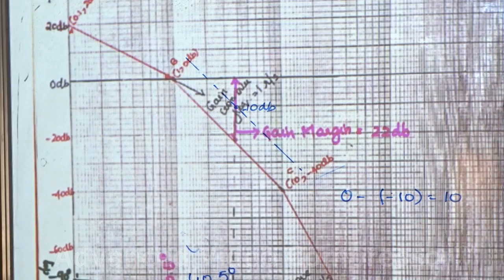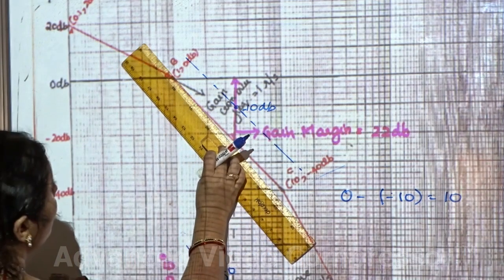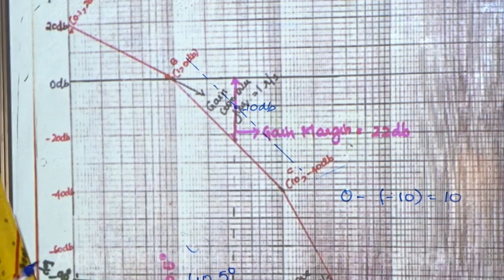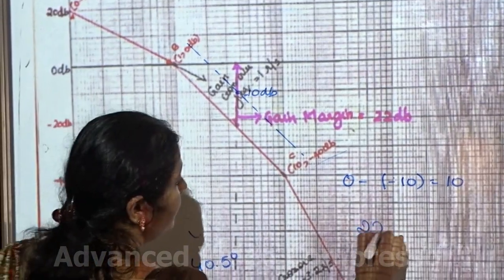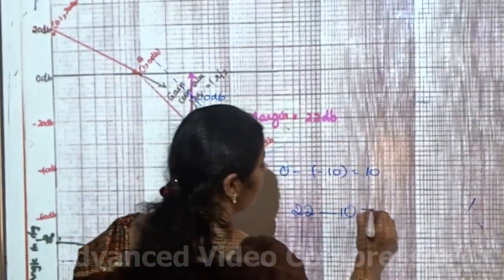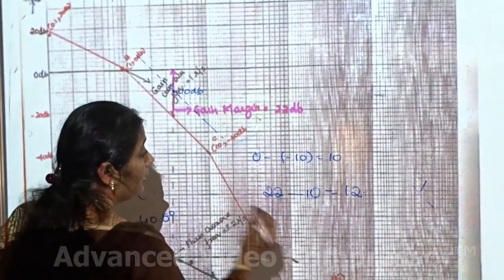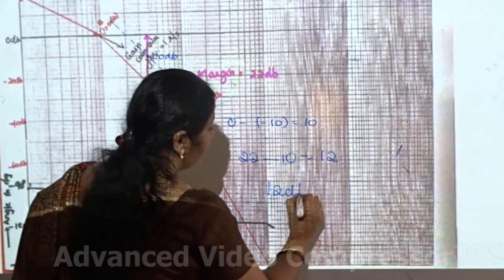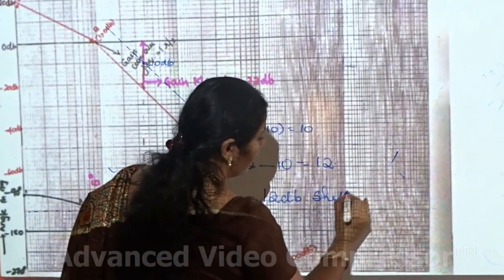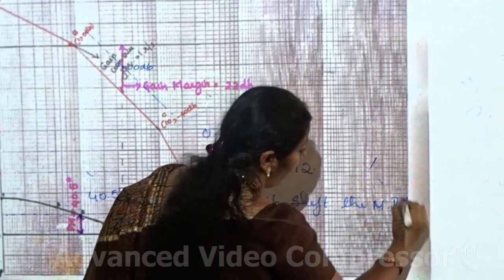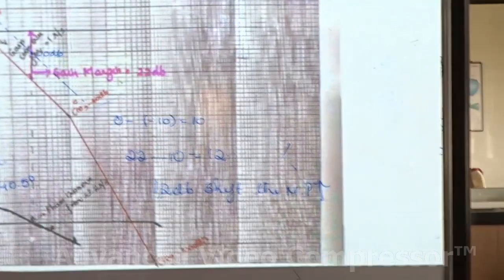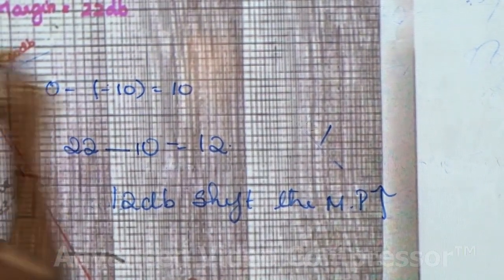Okay, means what? The entire plot should shift up by how much? What is the difference? 22. If I have to get this, the difference is 12. Shift the magnitude plot up by 12 dB. The entire magnitude plot has to be shifted up.